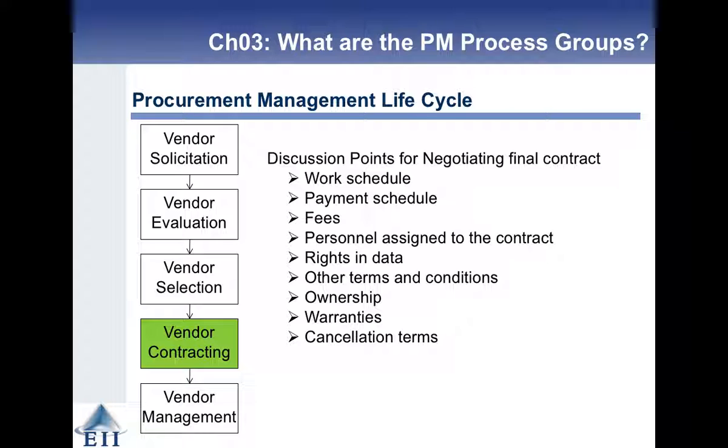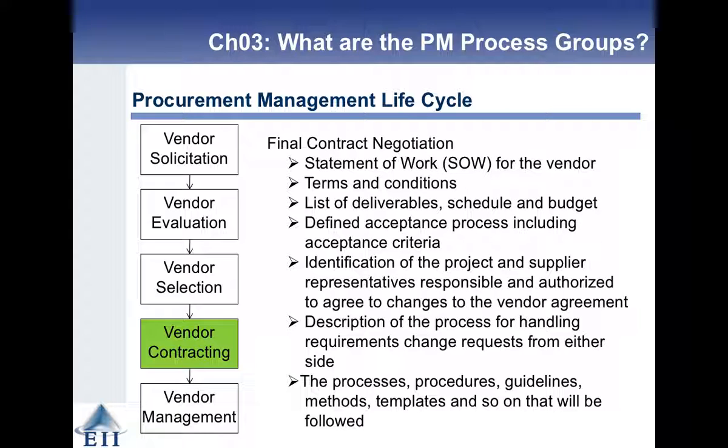They're the sorts of things we need to talk about when we're negotiating the final contract. And there's all the other things, right? Lots and lots of detail we need to have if we're negotiating or contracting with a vendor.